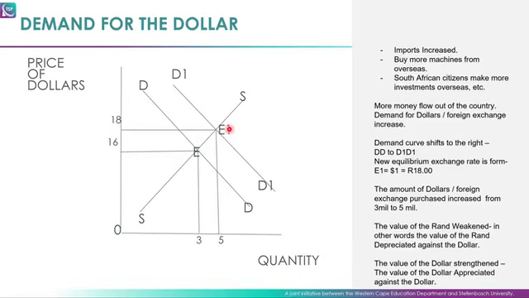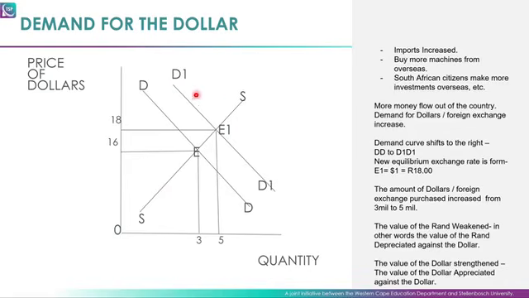So why would there be a demand for dollars? Various reasons. There could be South Africans deciding we are taking a holiday overseas, or more South Africans saying, I want to invest in some of the American companies now, or people are just buying goods from America. So therefore, we see the shift from D to D1. But the important thing to note here is that this is dealing with an increase in imports.